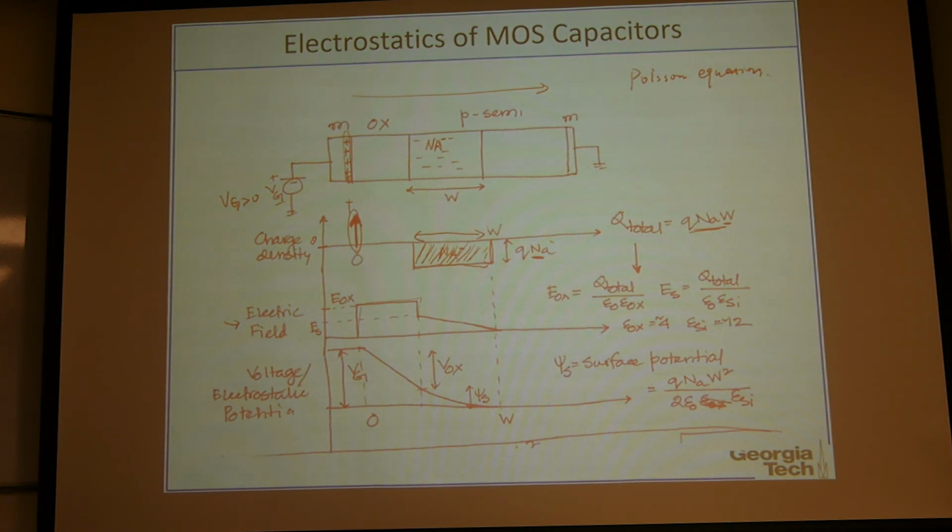You have positive charge, then the positive charge will emit electric field. So if you do the integration of the charge, you will get the electric field. So then you will get this.